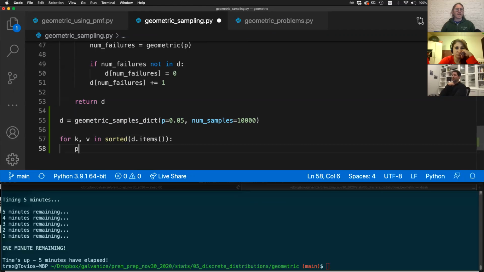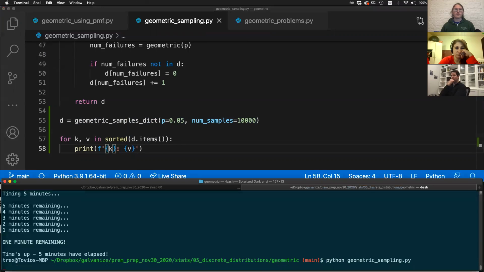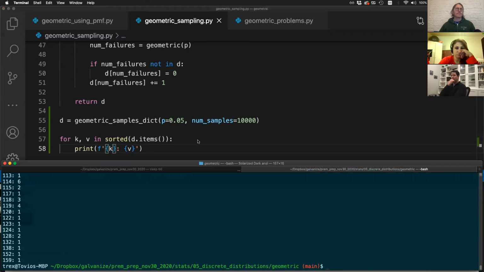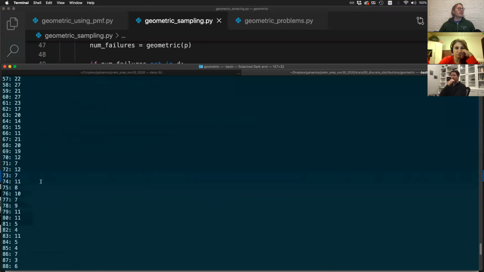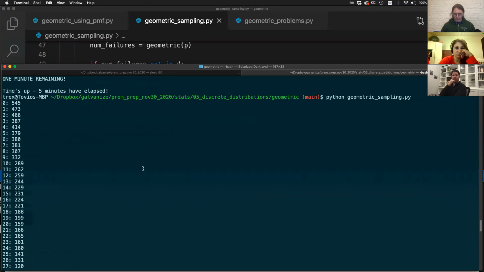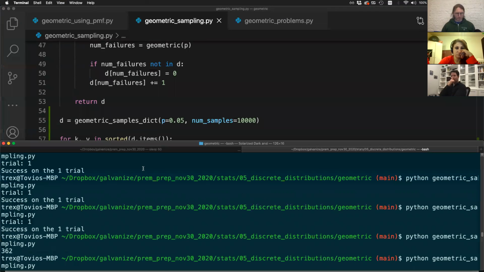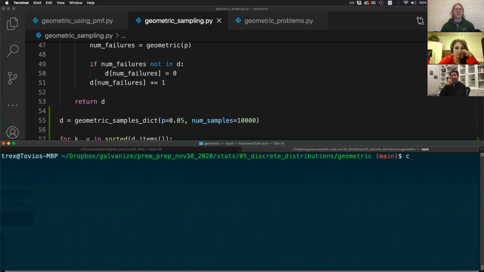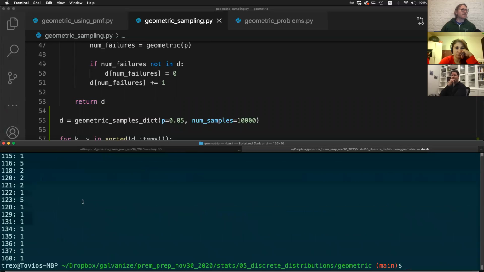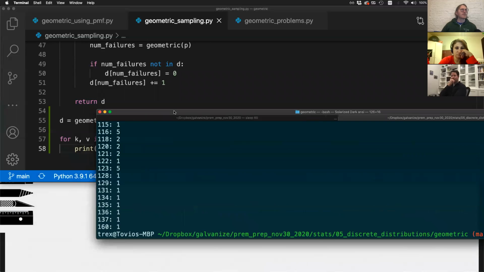And I can just print, again, K and V. So there are a couple things to notice here that I think are reasonably interesting. Let me just clear that. I'll run it again so that we can see it a little bit larger. Move this up here, I guess.